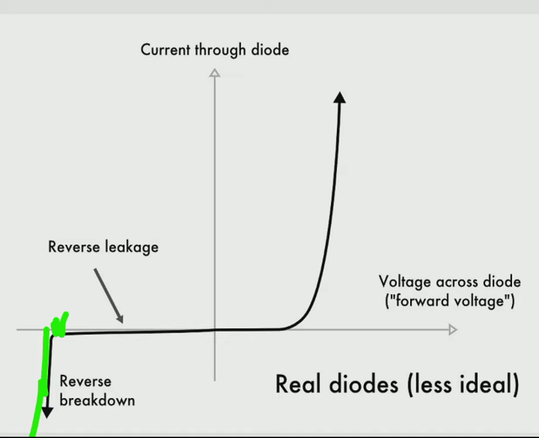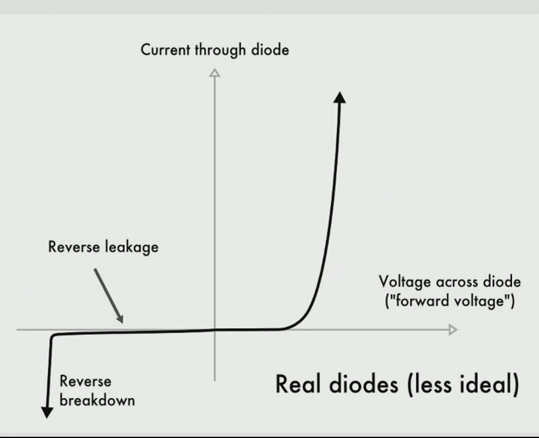Avalanche means a sudden heavy current flows through that may damage your diode. So ideally your diode conducts current in forward bias, and in reverse bias it is turned off and you never exceed this voltage.